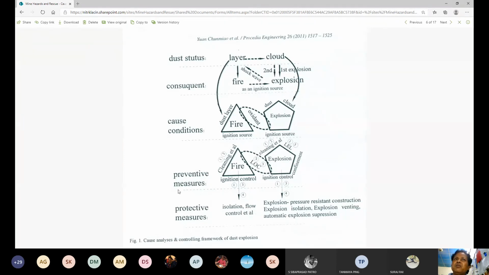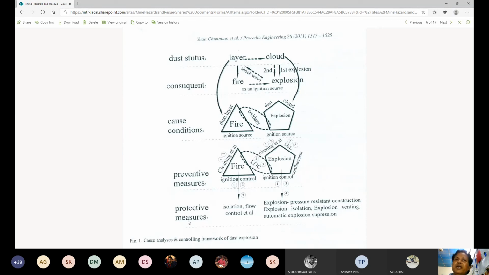So you have to take some preventive measures. What preventive measures you have to take? By cleaning the dust from your mining atmosphere, by removing the ignition source from your mining atmosphere, by limiting the oxygen concentration in the fire zone, not allowing the oxygen to enter the fire zone, so that the explosion of fire can be controlled and prevented in your mining area.